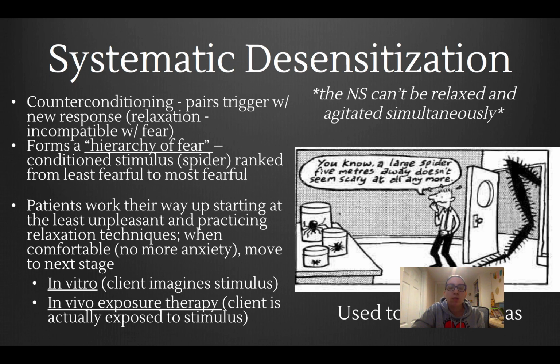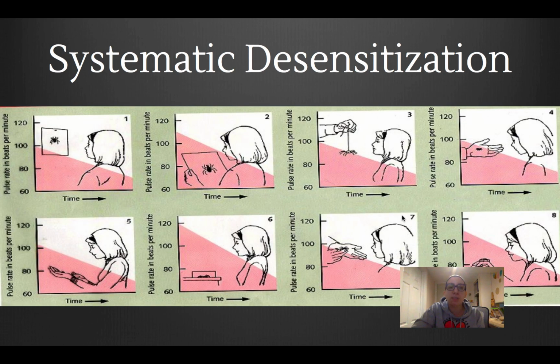So the idea is that as patients work their way up this hierarchy, each time they get to a new step, they are not advancing to the next step until they are completely relaxed. And what this is doing, again, is counter conditioning. It's having this individual learn to associate the thing that they fear with being in an incredibly relaxed state.